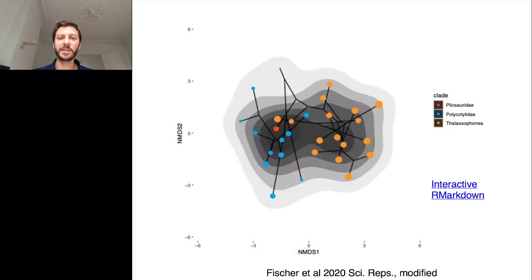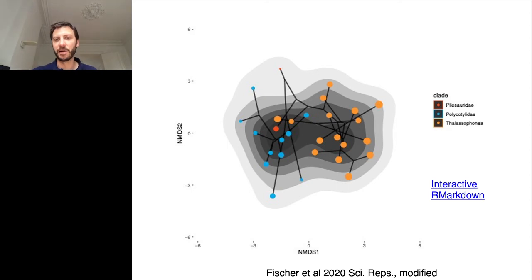So what we thought of as a way to reconstruct the adaptive landscape would be to use density. If I'm using the density of points in my morphospace, I can recreate some kind of a landscape. The density of points is used as an empirical way to reconstruct the landscape, because the hypothesis here is that if we have lots of animals evolving this shape, it probably means it's efficient, and so it might be a peak in our adaptive landscape.